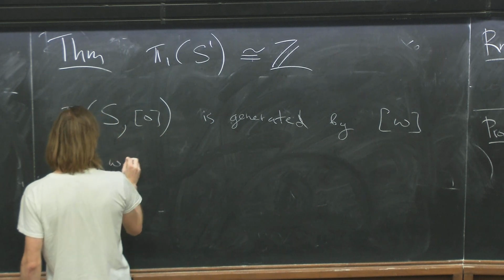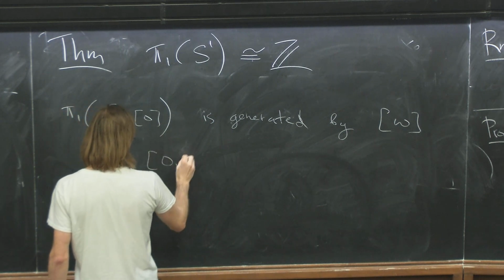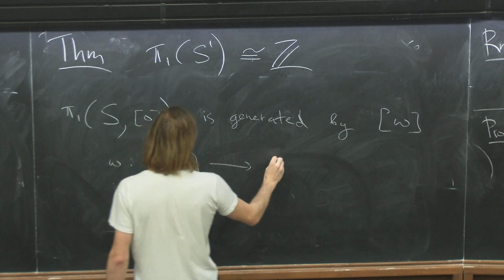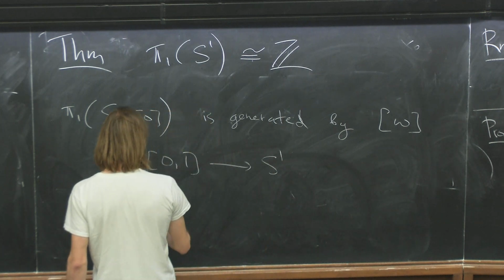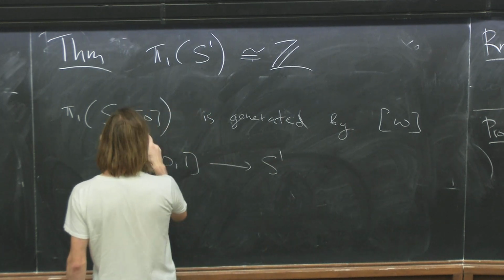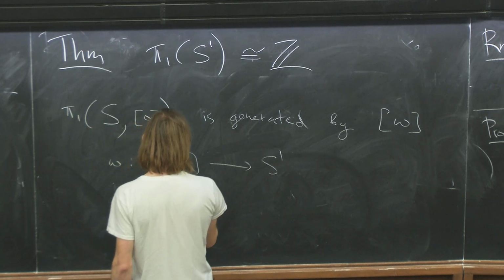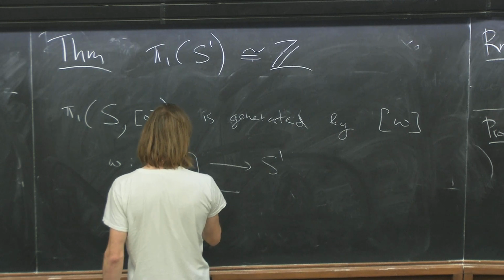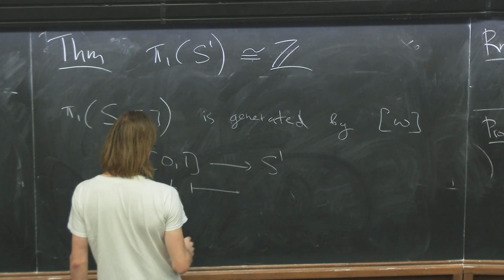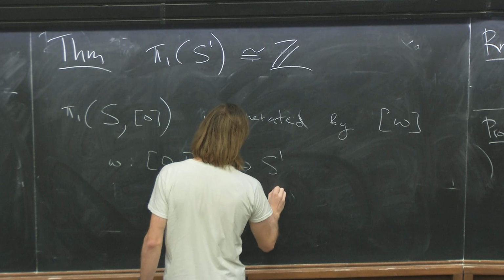The group of integers has a single generator corresponding to 1, while the trivial element is 0. Here omega is a loop in S1 that starts and ends at 0, and explicitly it is given by sending t in the interval to the class of t.